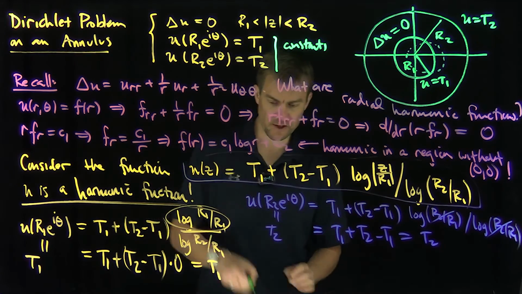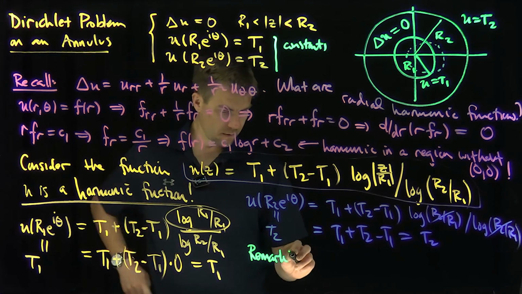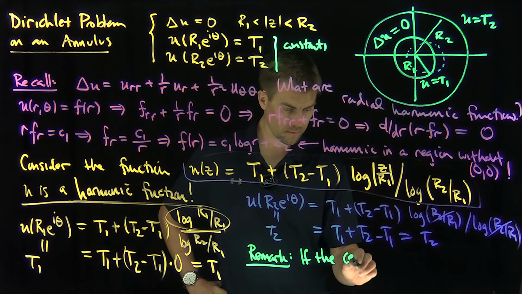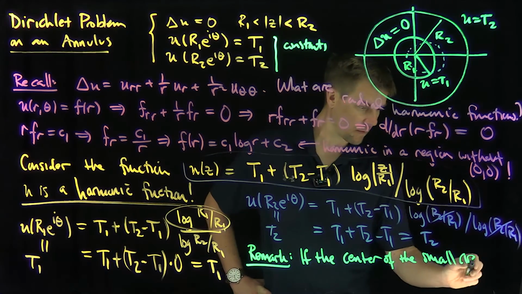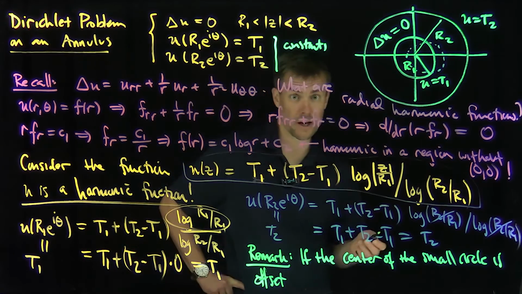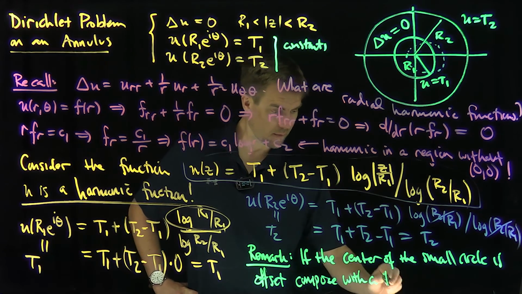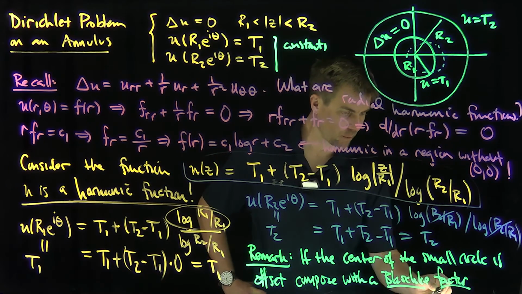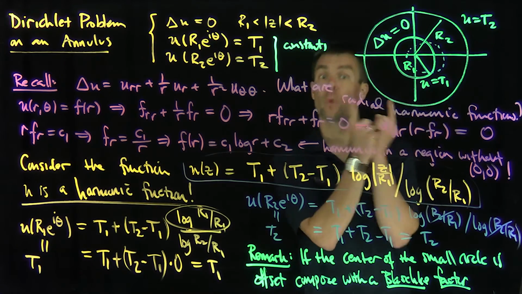So just a remark: if the center is offset, we compose with a Blaschke factor. Okay, what will those Blaschke conformal automorphisms do? Those Blaschke conformal automorphisms will move that offset center into one where the origin is at the center, right?